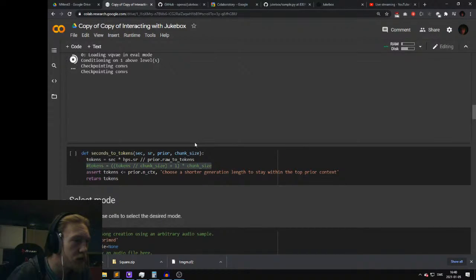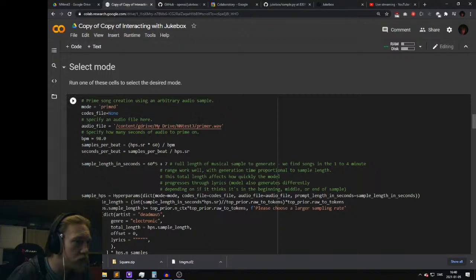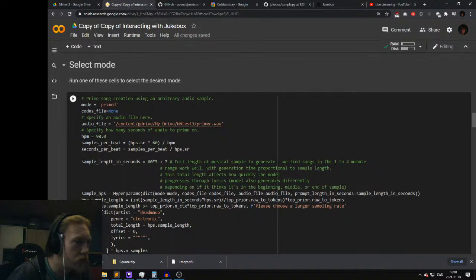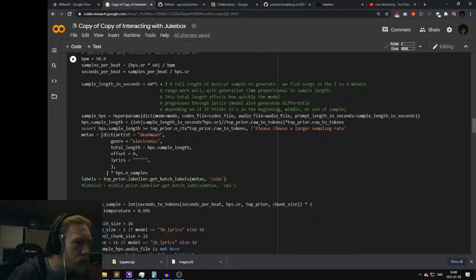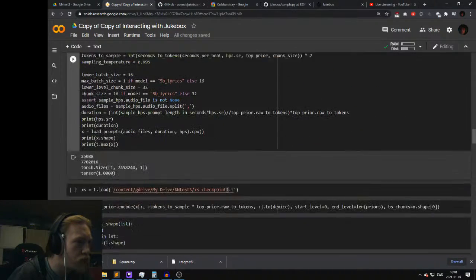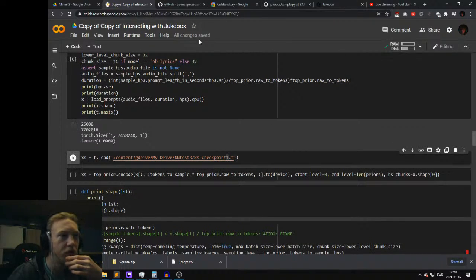Sampling level 1. We're gonna load our 10R thing.